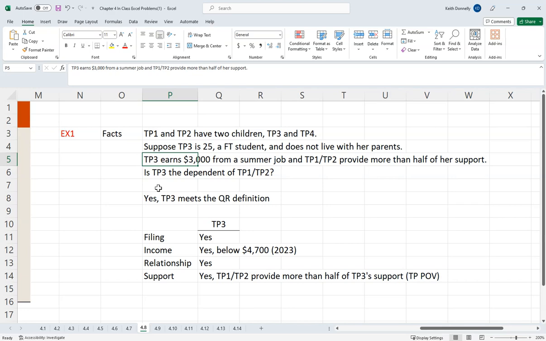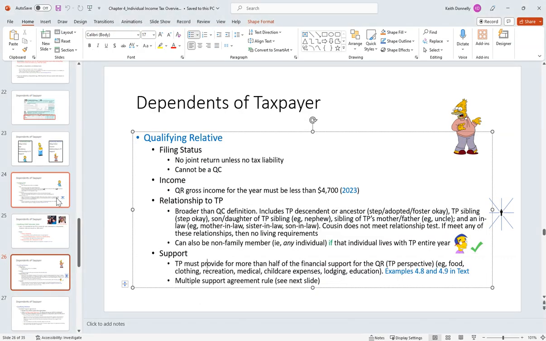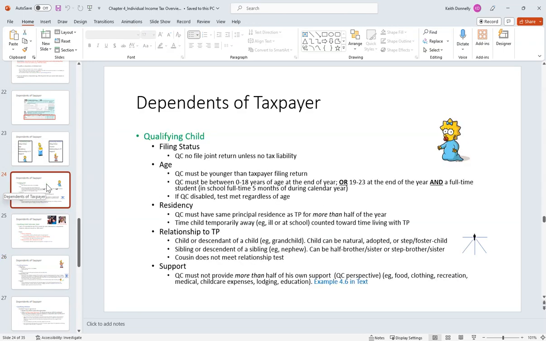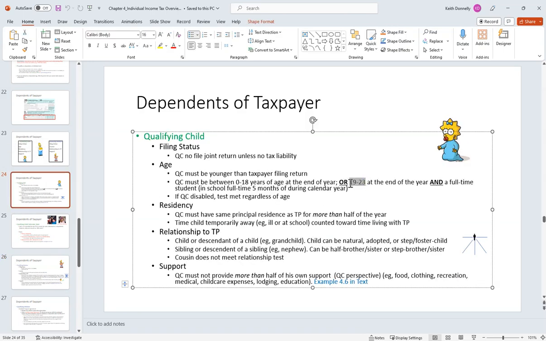The kid gets $3,000 from a summer job, and the parents provide more than half of the support. Is the kid a dependent? Well, they're 25, so they're not going to pass the qualifying child rule. If we go back to qualifying child, it's only 19 to 23. So we fail the age test here.